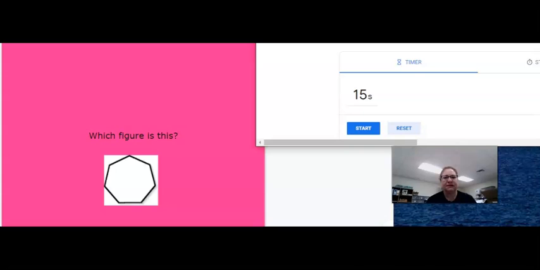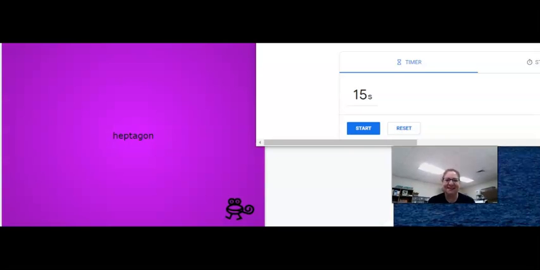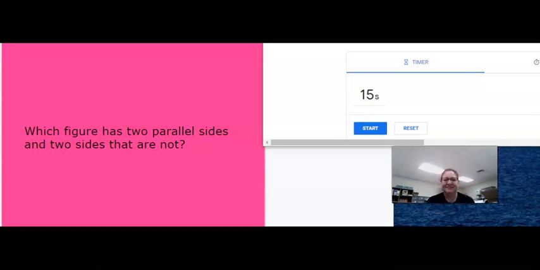Which figure is this? Count the sides. Did you say heptagon? Nice. Next question.